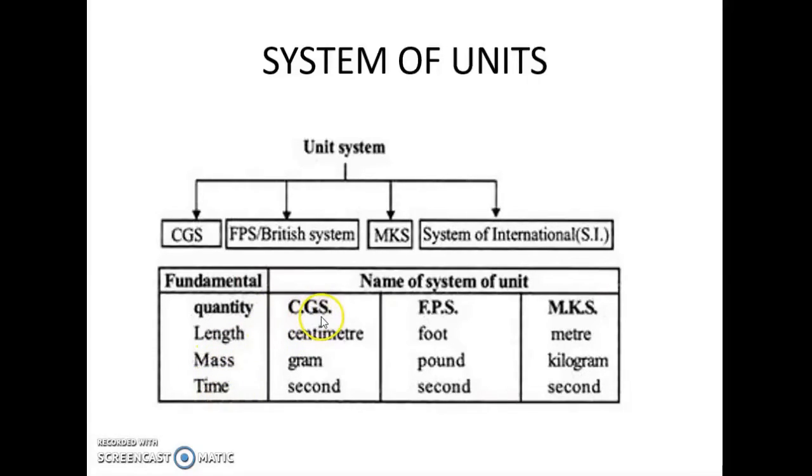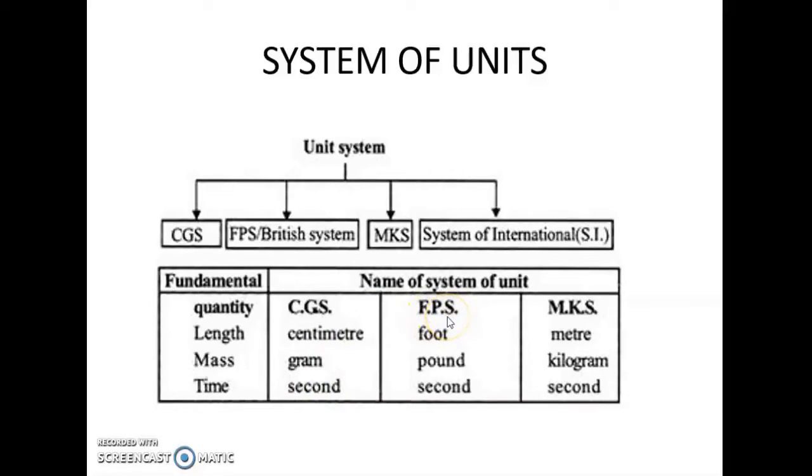In case of CGS system, the unit for length is expressed in centimeter, mass is expressed in gram, and time is expressed in seconds. So CGS stands for centimeter, gram, second system of units.